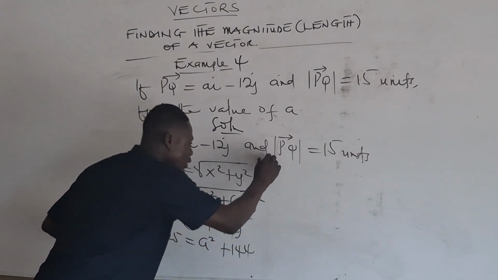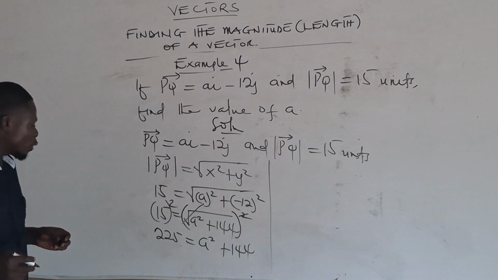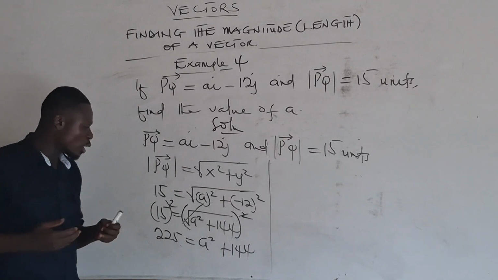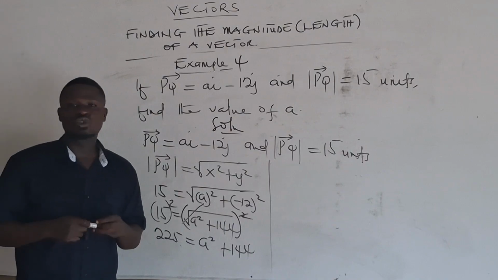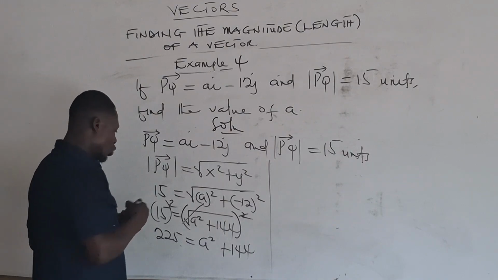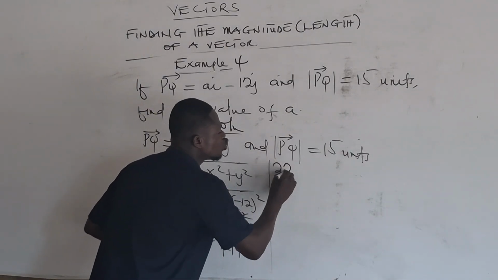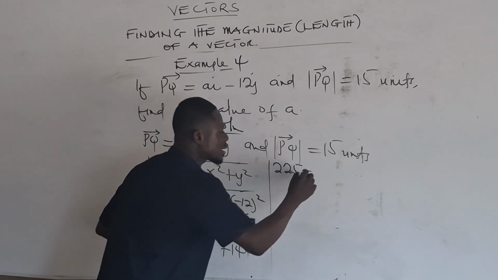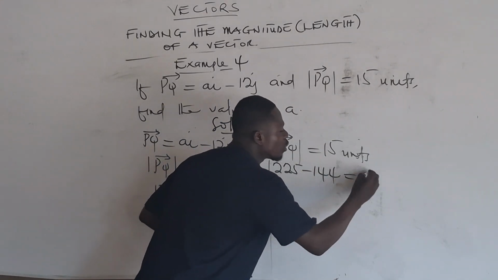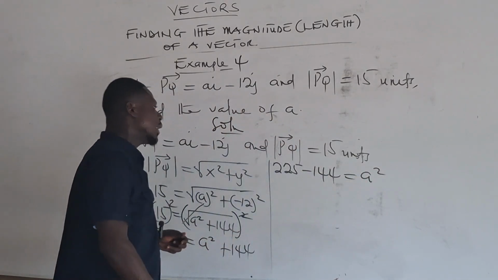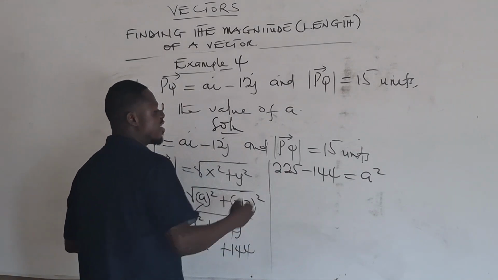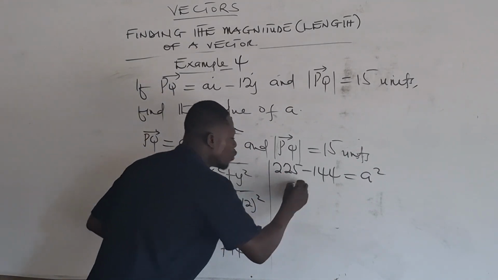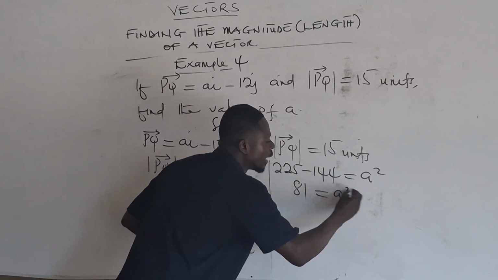By extension, we're going to group like terms because this and that are like terms. So we will bring the 144 to where the 225 is. We will have 225 minus 144 equal to A squared. Now when we find the difference, 225 minus 144 will be 81, equal to A squared.